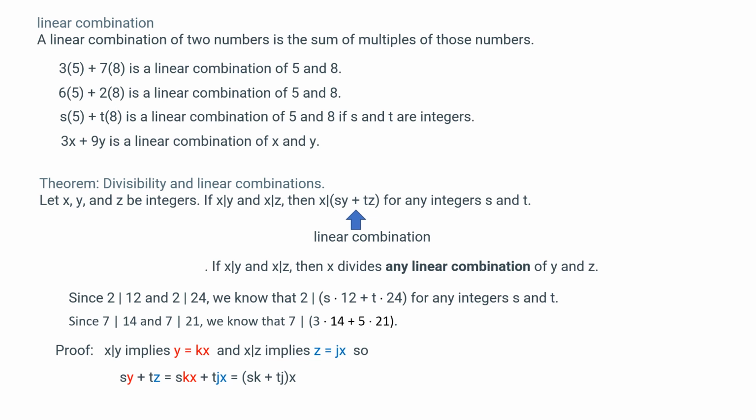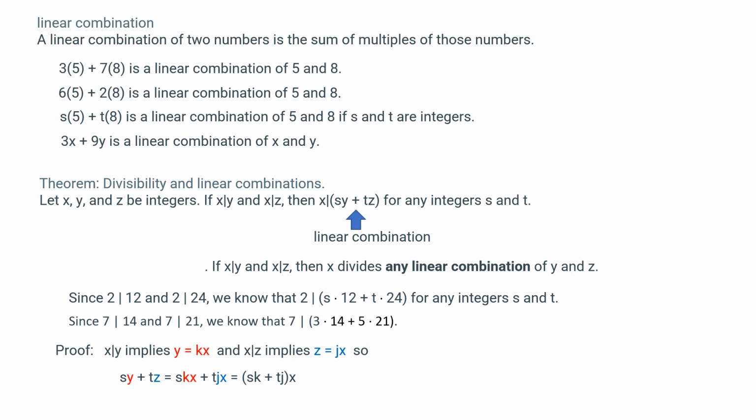So let's take sy plus tz, that's the linear combination. That's what we're trying to prove x divides. Let's replace the y with kx and replace the z with jx.